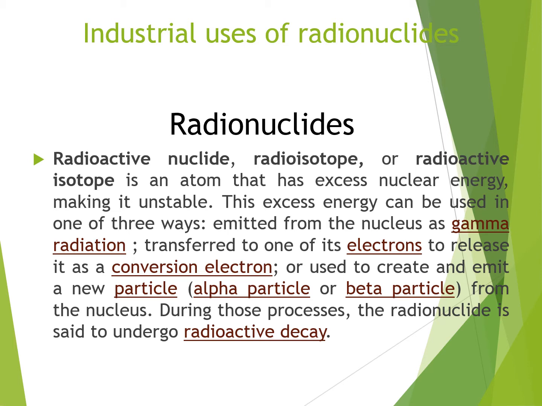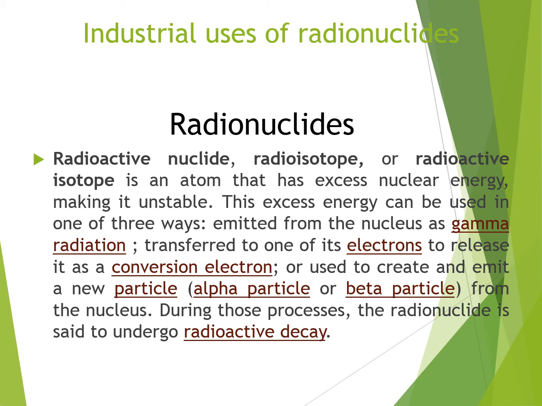So basically radionuclides are high energy atoms that may undergo different conversion reactions: they may emit gamma radiations, may emit alpha or beta particles, or may result in a conversion electron. This whole process is known as radioactive decay.